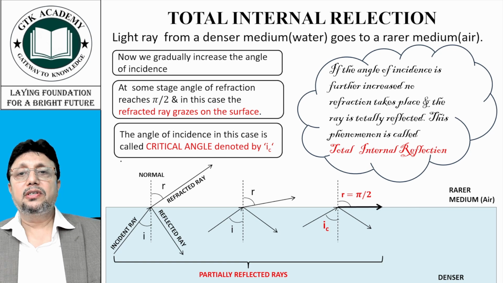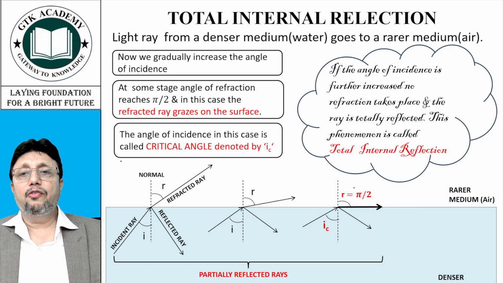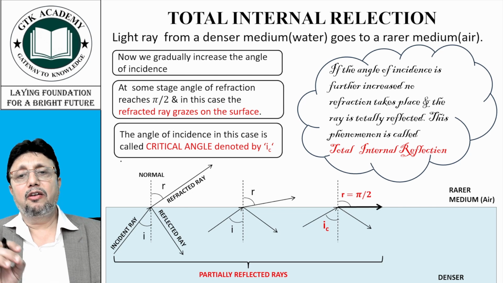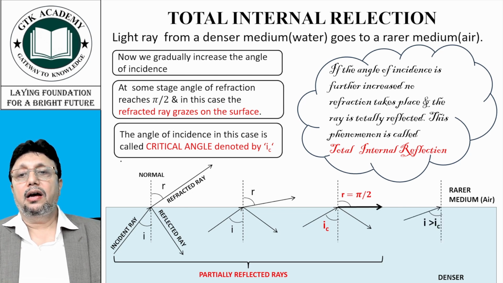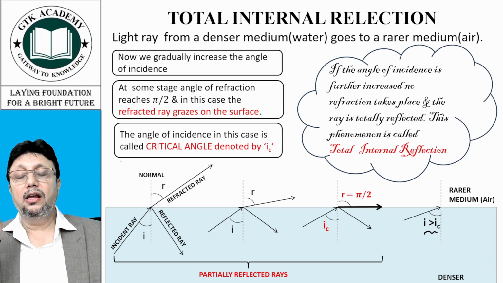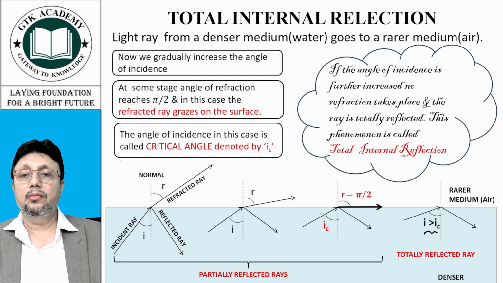If the angle of incidence is further increased, no refraction will take place and the incident ray will be totally reflected. Like if I is greater than IC, then there will be no refraction. The whole ray is going to be reflected back in the medium.